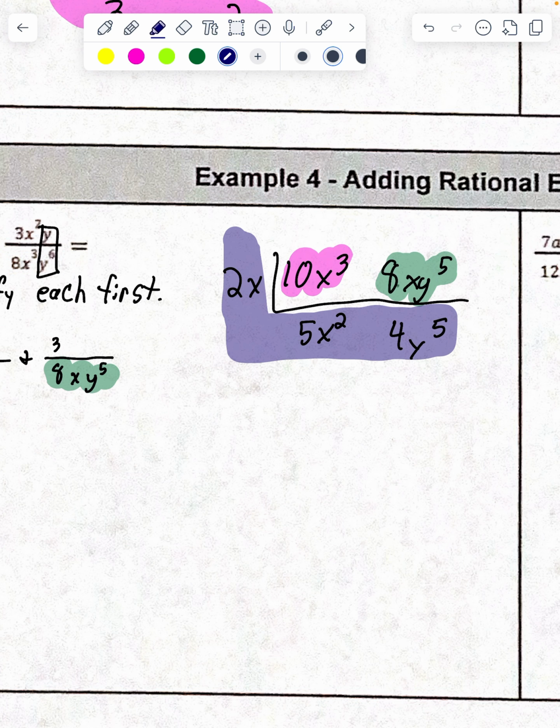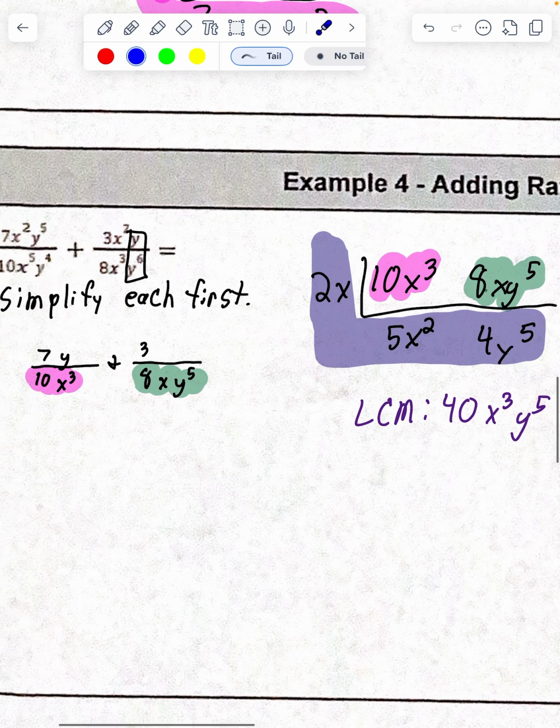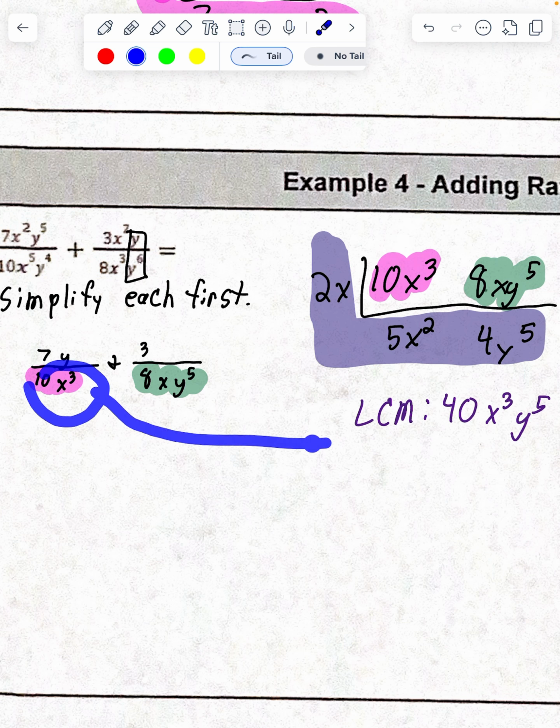So my LCM is going to be 40x cubed y to the fifth, which means I'm going to turn this into that, and I'm also going to turn this into that.